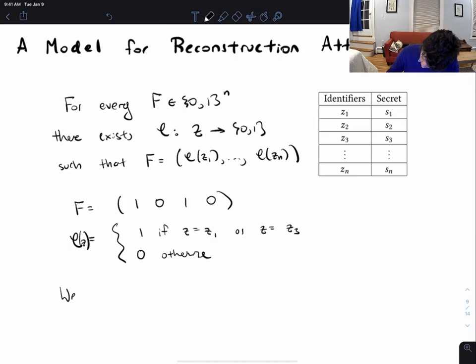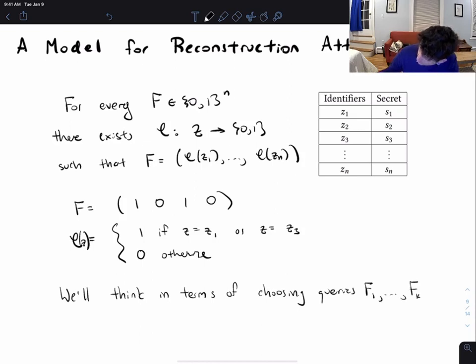So f1 up through fk for some set of vectors in {0,1}^n. Those are going to be our queries. I told you the story of where they come from, but we're now just going to think in terms of choosing these vectors.